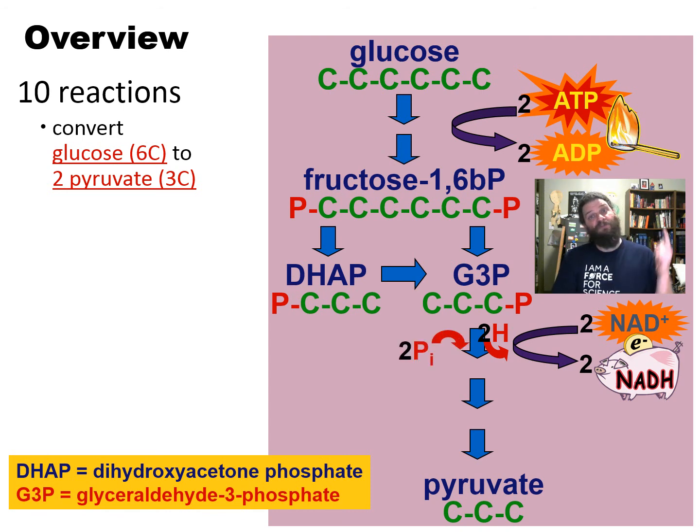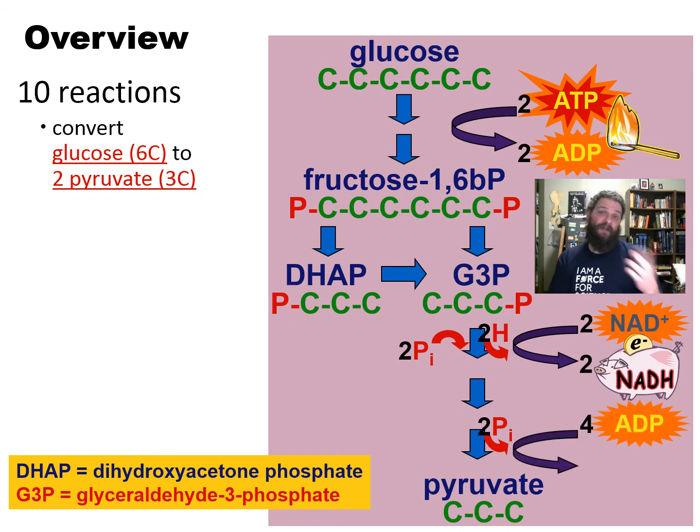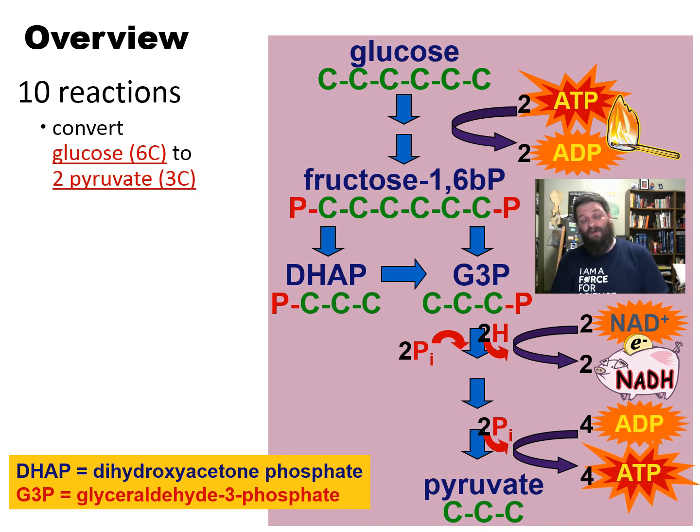But that's going to allow, again, two of those inorganic, electronegative phosphate groups to be added. And those two inorganic phosphates, along with the phosphate that's on the glyceraldehyde 3-phosphate, are going to phosphorylate 4 ADP molecules, causing them to make 4 ATP molecules.